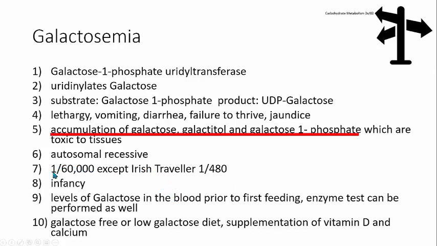This is a disease that is most common amongst the Irish traveler population. Irish travelers are a population of individuals who are like the gypsies of Central Europe. They are a nomadic tribe of Irish peoples.